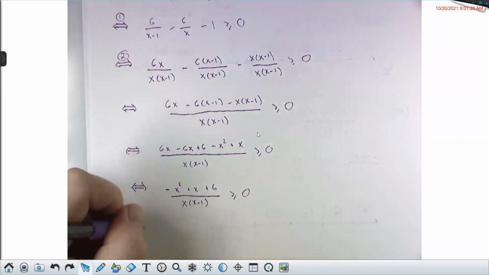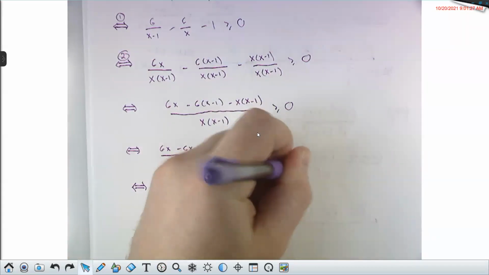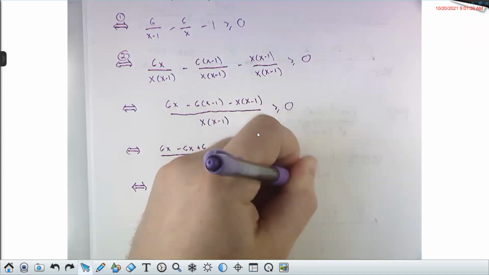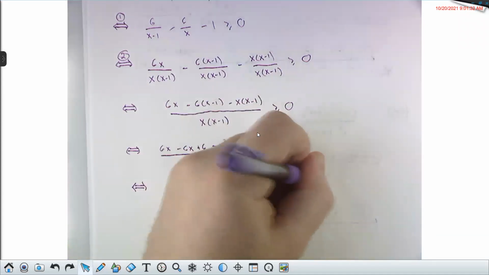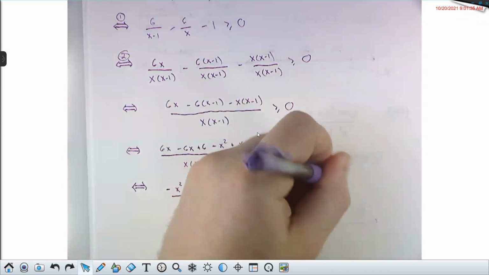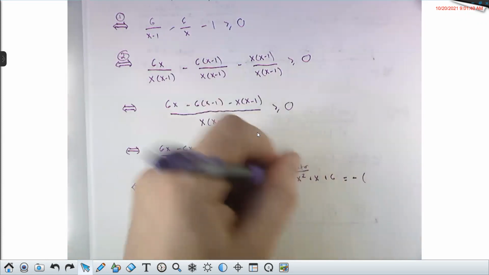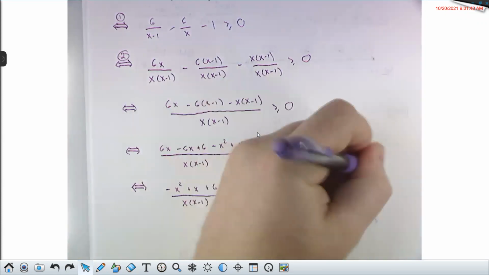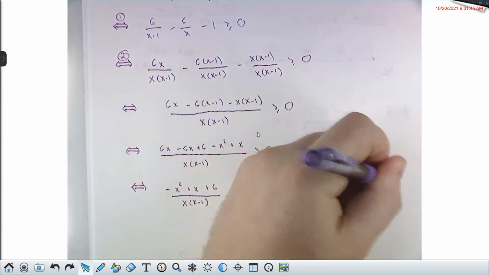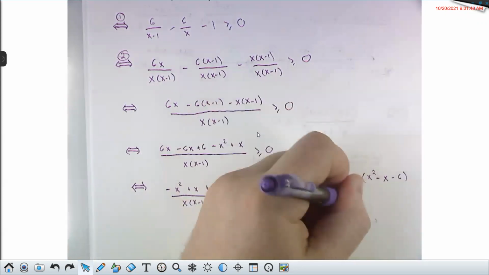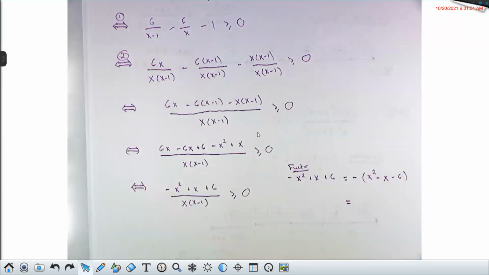And I think it might be useful, so let me come over here and factor negative x squared plus x plus 6. I think probably I would pull out a negative because we all like to deal with these things where the coefficient of x squared is positive 1. So that would be negative, parentheses, x squared minus x minus 6. And then if I factor x squared minus x minus 6, I'm looking for two numbers whose product is -6 and whose sum is -1. That would be -3 and +2.